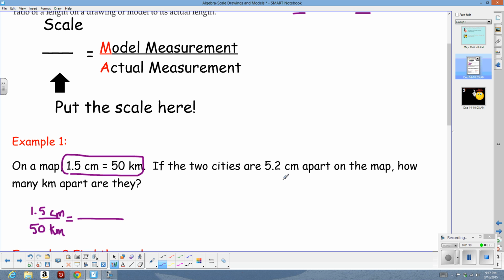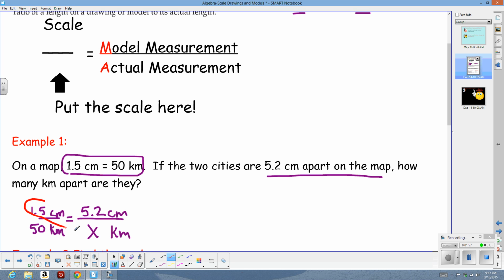And then it says that the two cities are 5.2 centimeters apart on the map. Well, the map is going to be the model, and the model goes on the top. So that's going to be 5.2 centimeters. And you want to figure out how many kilometers apart they are in real life.